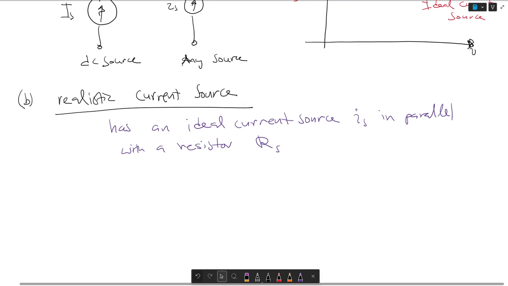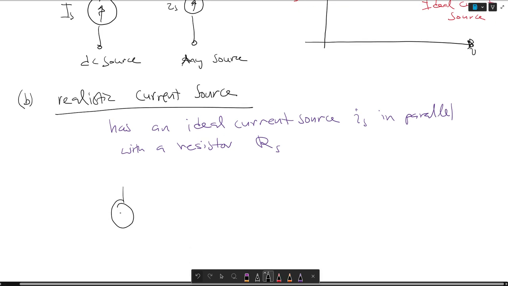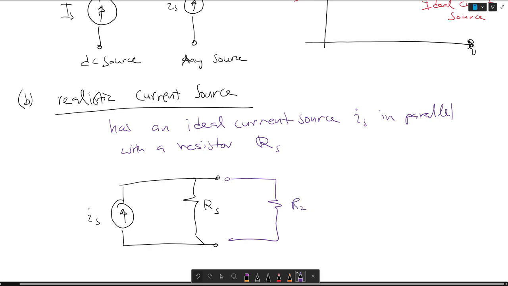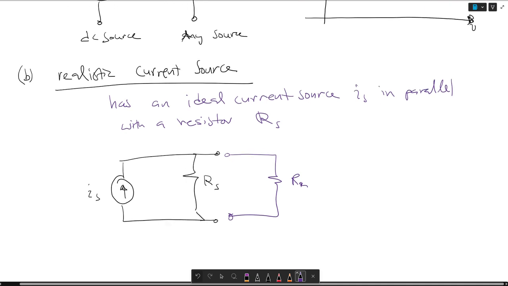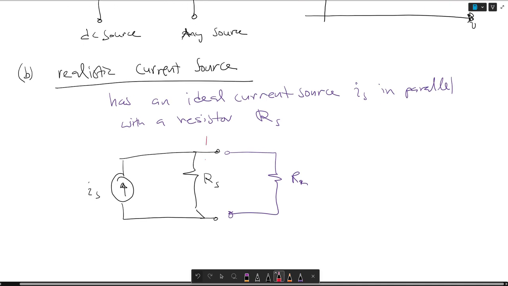An example of how this would look on the schematic: this is RS, IS, this is my terminals, and this is my load circuit, RL. Essentially, this is what we consider the realistic current source.